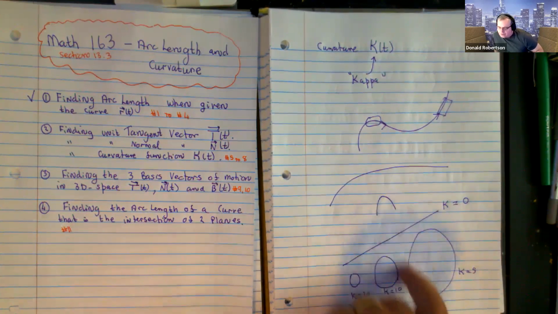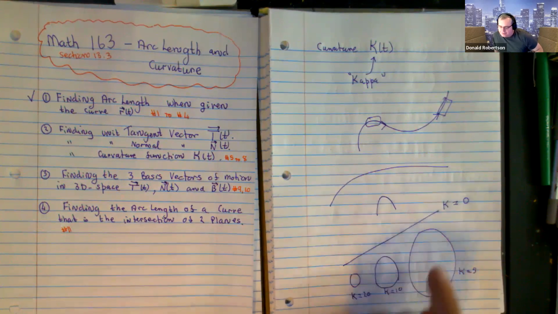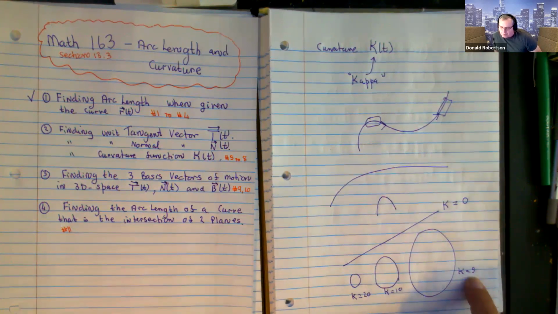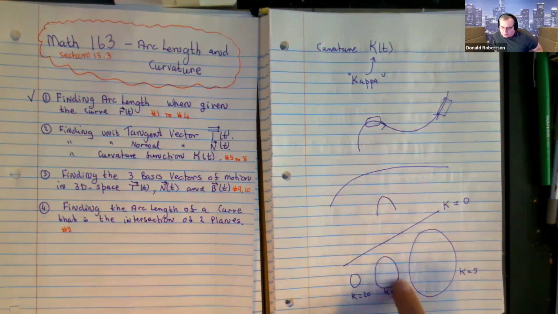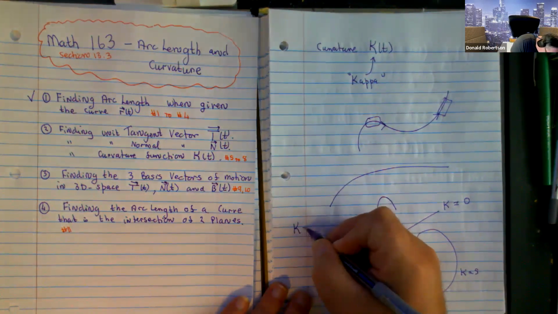And circles have the nice property that every single point on the curve has the same curvature. So any point on this curve, its kappa would be 5. Any point on this one, it would be 10. Any point on this one, it would be 20. This is really just an anomaly.